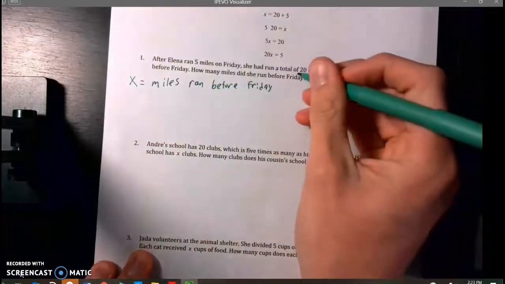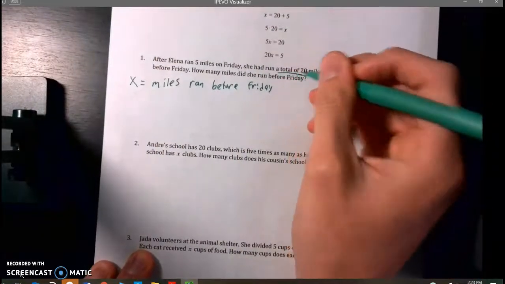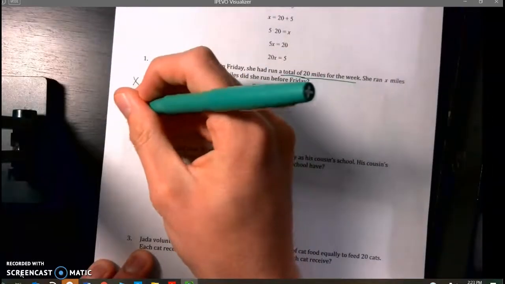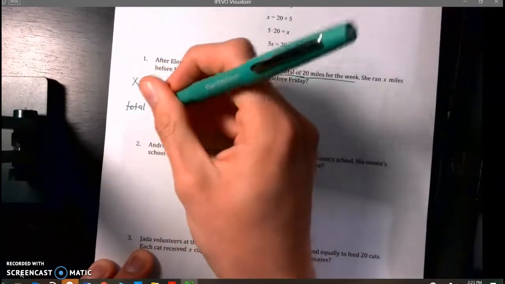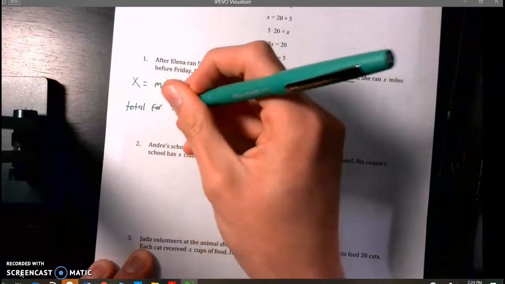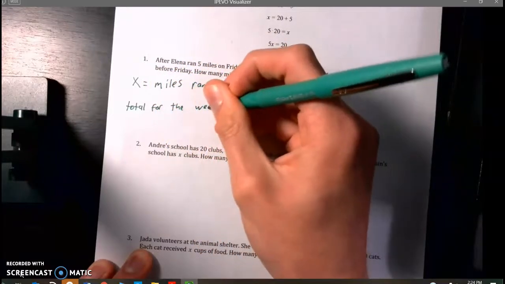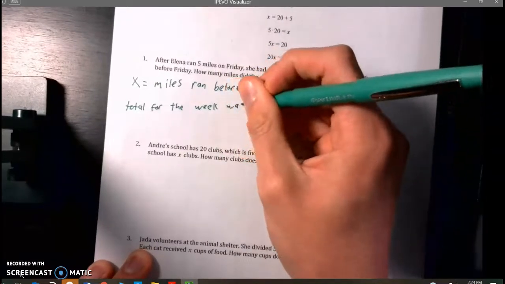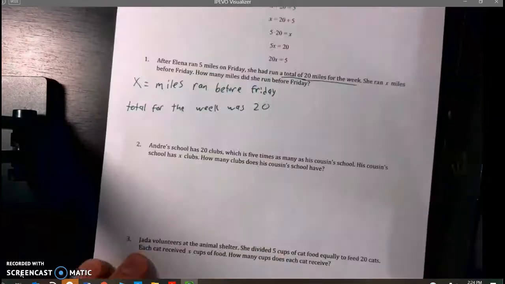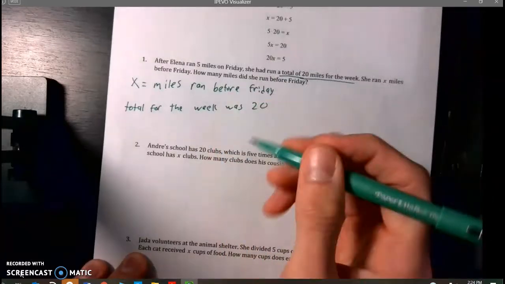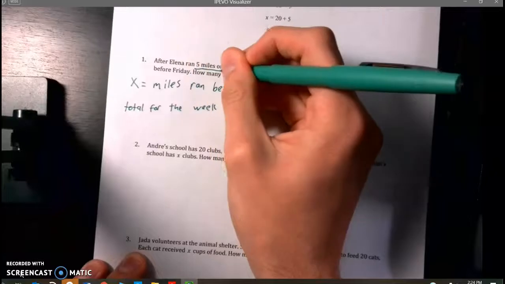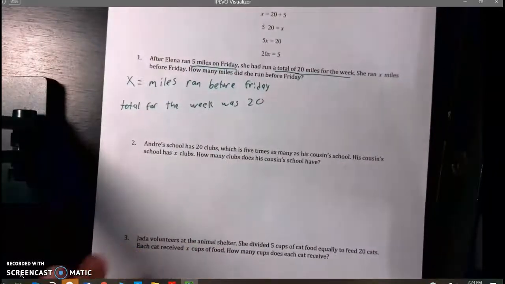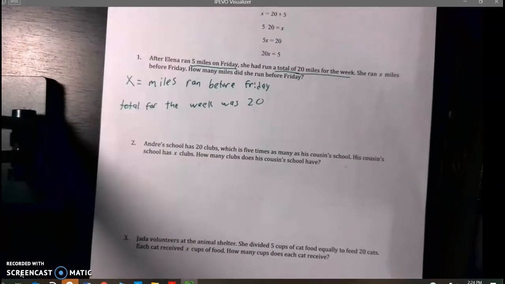And we also know that she ran 20 miles for the week, a total of 20 miles for the week. So her total for the week was 20. Alright, and it's also important to note that 5 was how much she ran on Friday. So once again, we're annotating our text here.